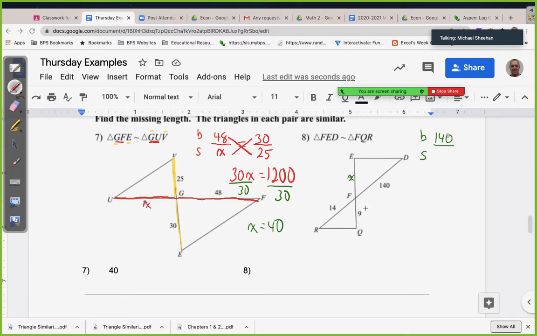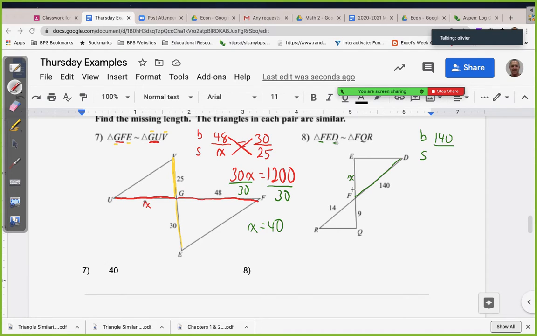Now I have to decide which one of these numbers down here corresponds to the 140. So I'm going to look at the letters. The 140 goes from the F to the D. And up here, that's the first letter and the third letter. So which number corresponds to the 140 down here? Is it the 14 or the 9?